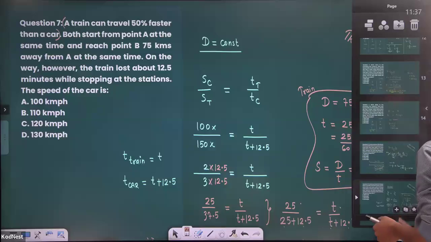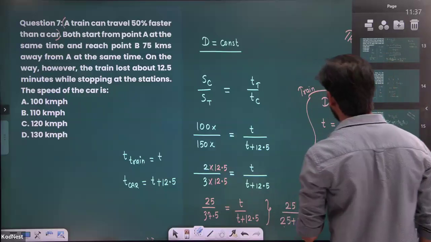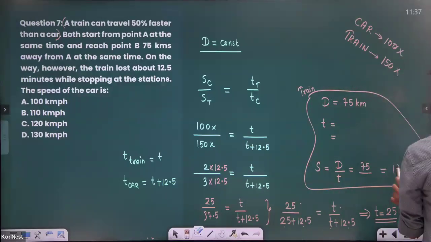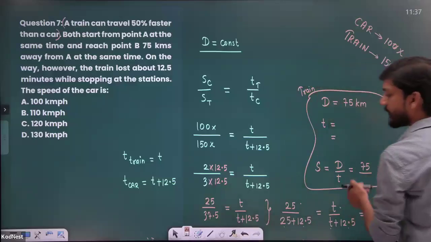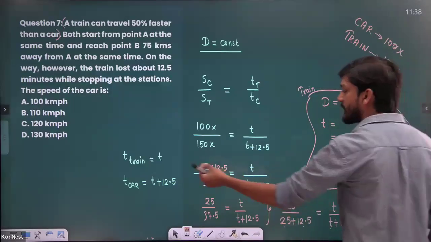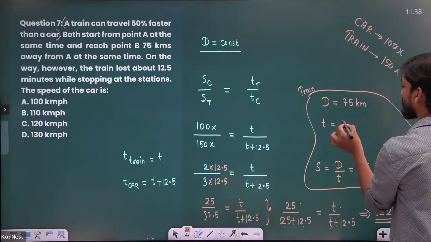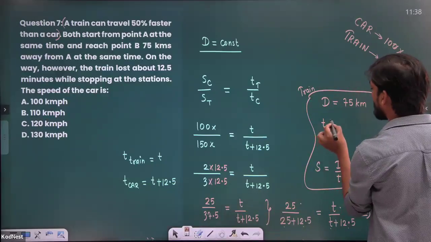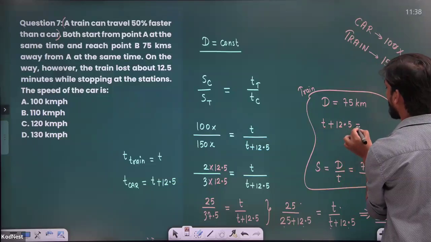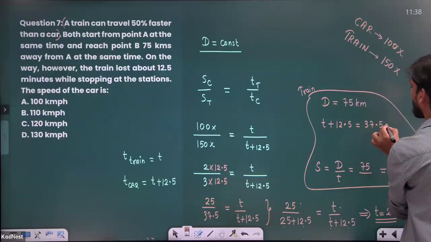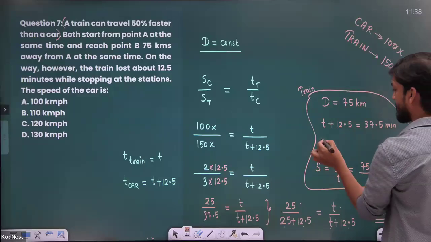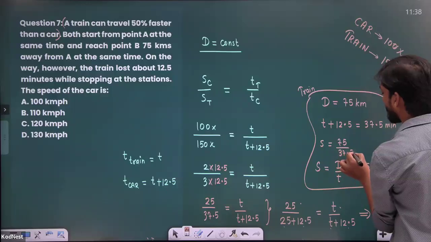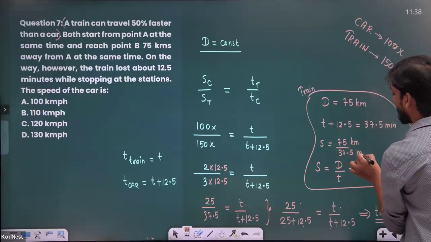If I take the car, the car time is t plus 12.5. So time is t plus 12.5, that is 37.5 minutes. So speed will come out as 75 divided by 37.5. This is kilometer and this is minute.